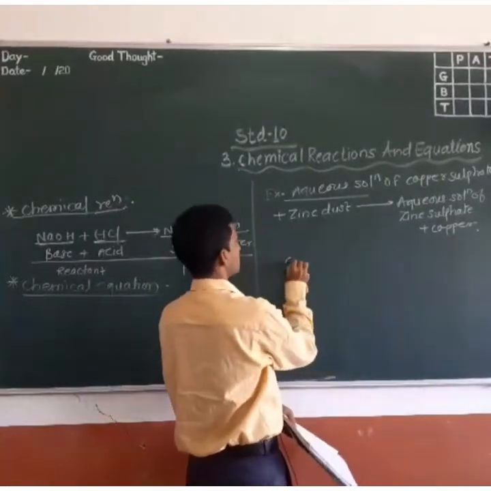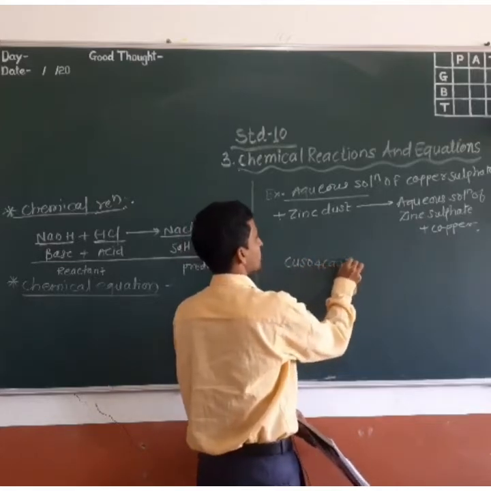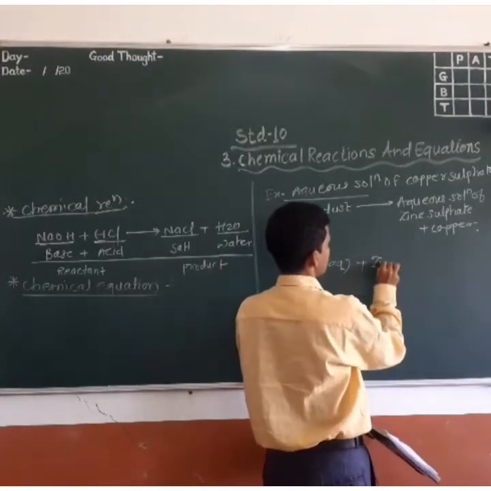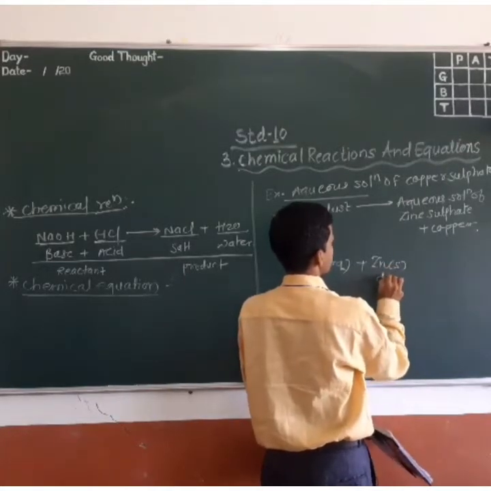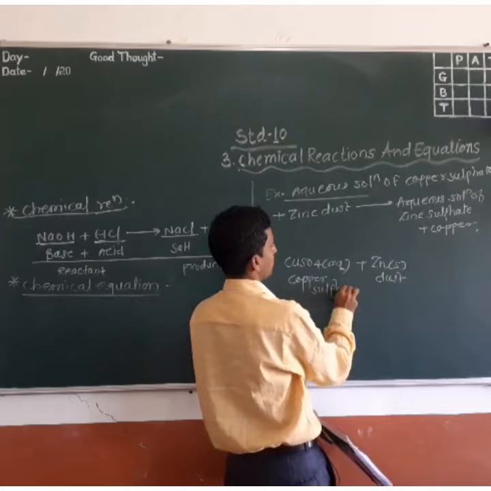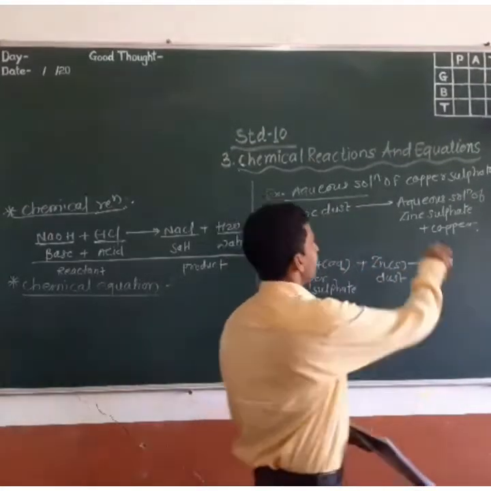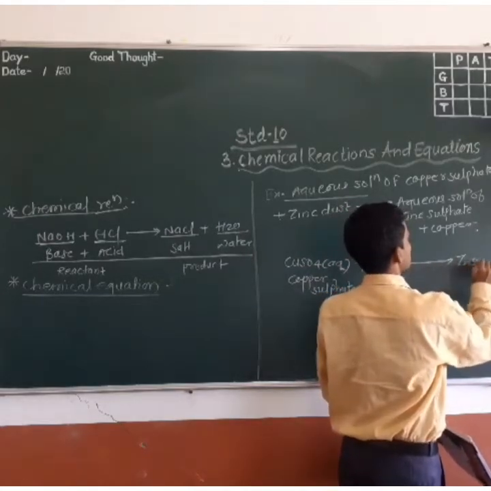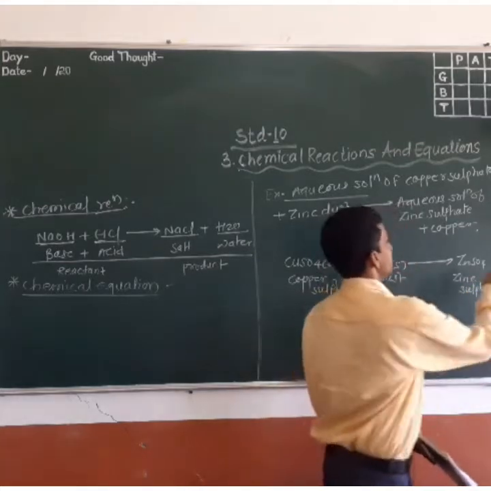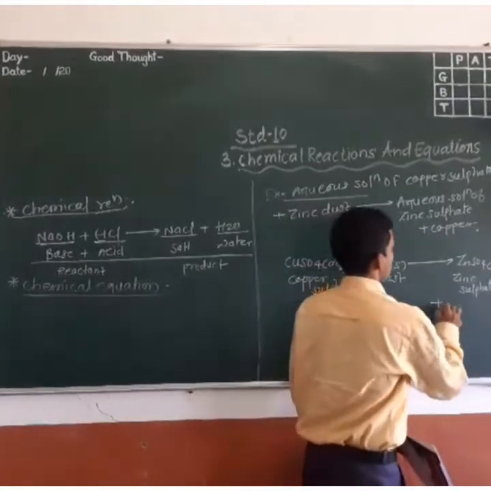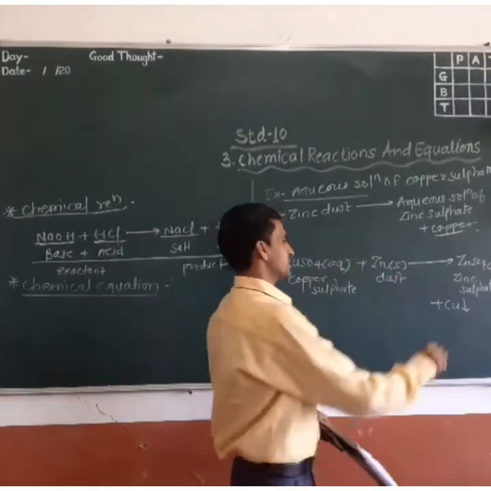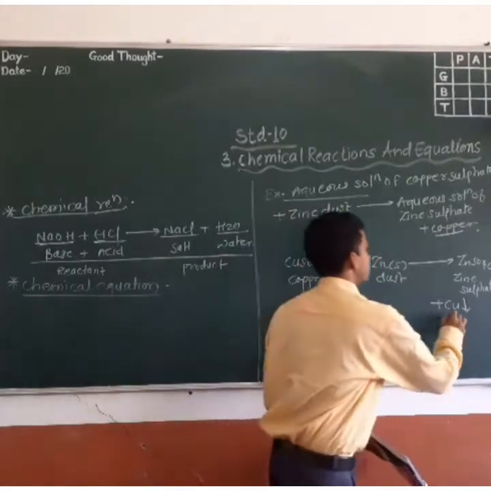Aqueous solution of copper sulfate is CuSO4, aqueous, short form AQ, plus zinc dust, Zn, which is solid dust, to form aqueous solution of zinc sulfate, ZnSO4, plus copper, which is the product, a precipitate, shown with a downward arrow.